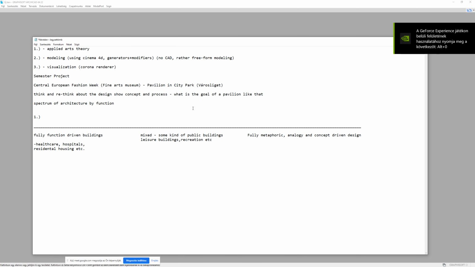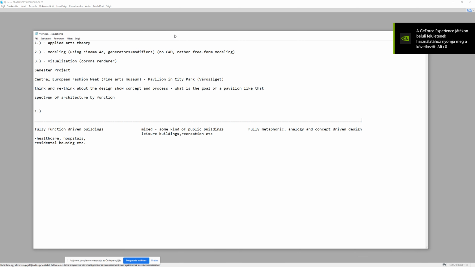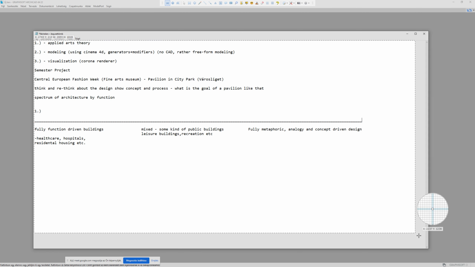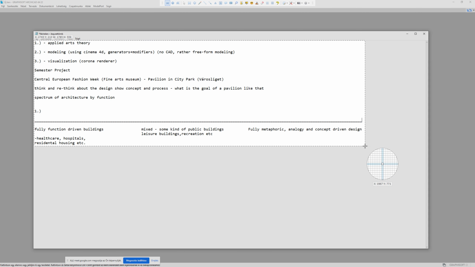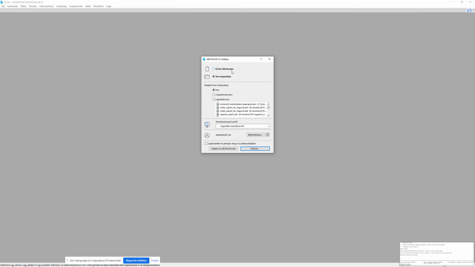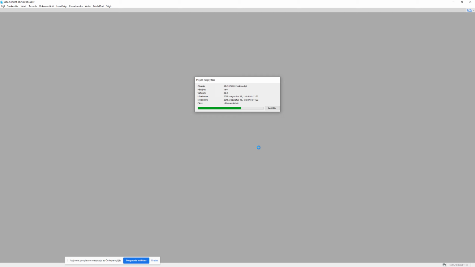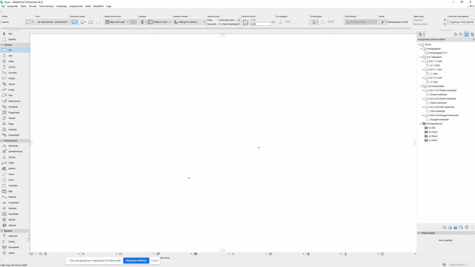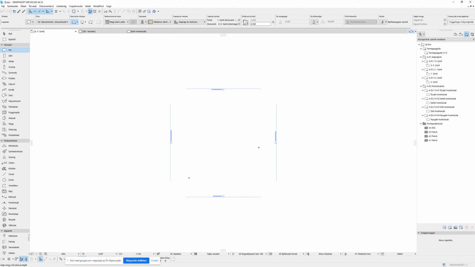Some kind of a pavilion, something that you can see at an Expo or something like that. Yeah, pavilion is, I would say, something like religious architecture. Somewhere around religious architecture maybe.